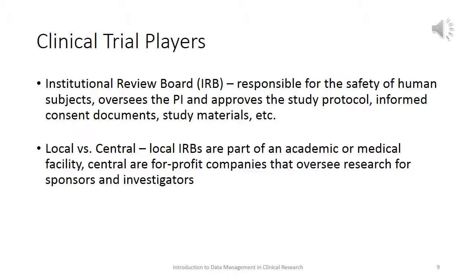We have several of them that operate right here in our area, and they can be large companies or they can be smaller companies. Just depends on what their capabilities are. But it's important to understand the difference between the two. One, the local IRB is actually a part of a larger medical facility, whereas a central IRB is a standalone company.